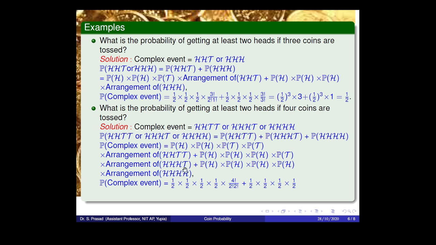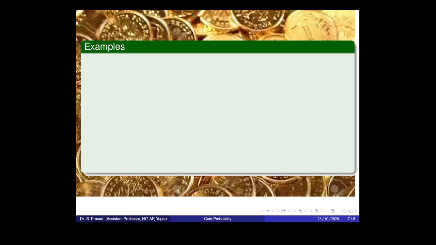Then we write 4 factorial upon 3 factorial into 1 factorial, and after that plus probability of H is half, H half, H half, H half, into arrangement of HHHH. Here it is 4 factorial upon 4 factorial, and after calculations we get the value.